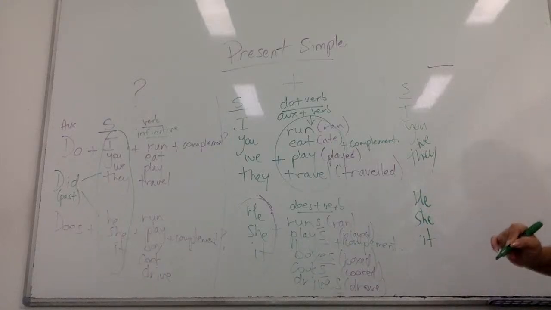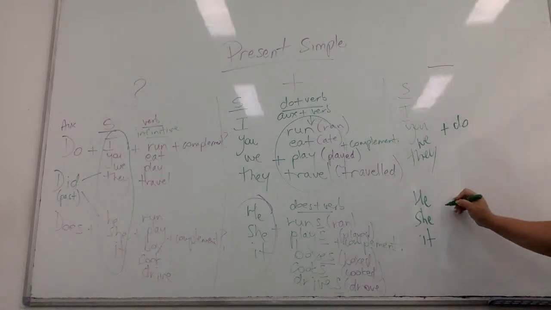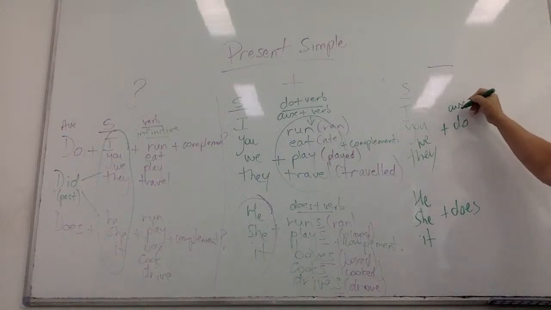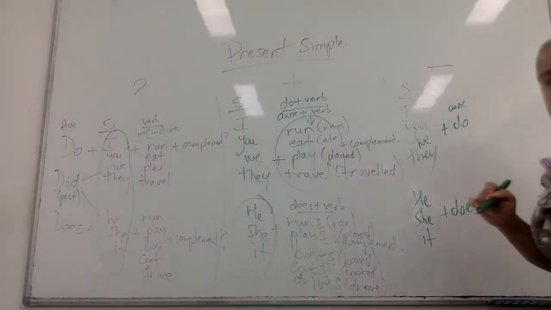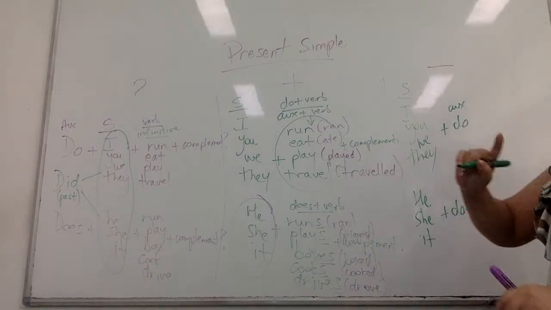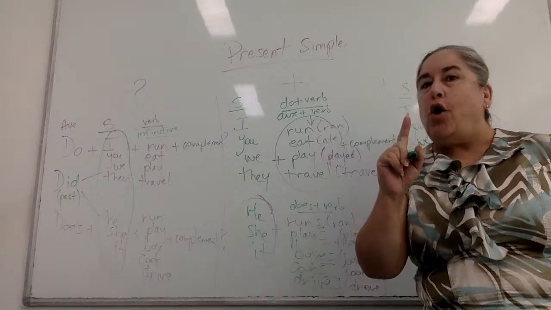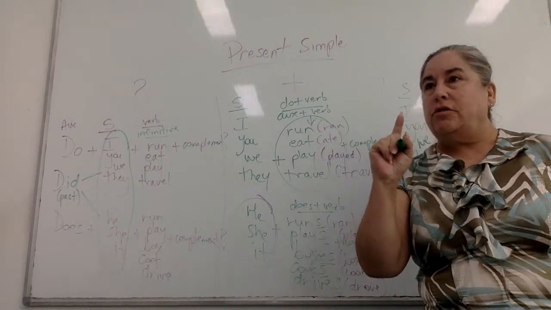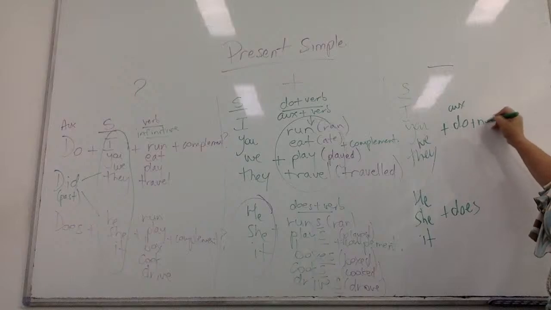But now we are going to use our do. And yes, we're going to use our does. So yes, we do include our auxiliary. But we also now include no, right? We include no. And the no is not. So here I'm going to add not.